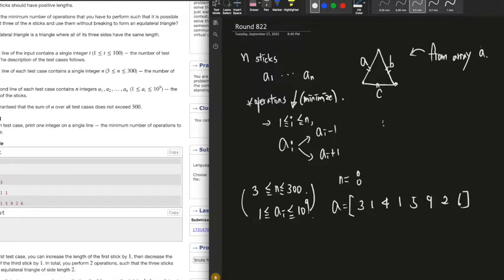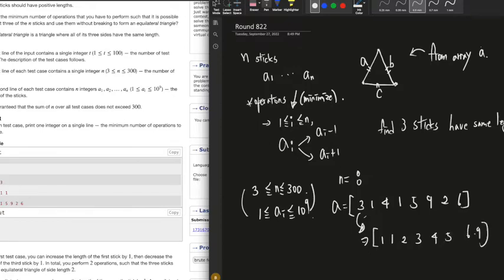We have to find 3 sticks that have the same length. So to find same length sticks, we need to sort to make it easy. Then it will be 1, 1, 2, 3, 4, 5, 6, 9.